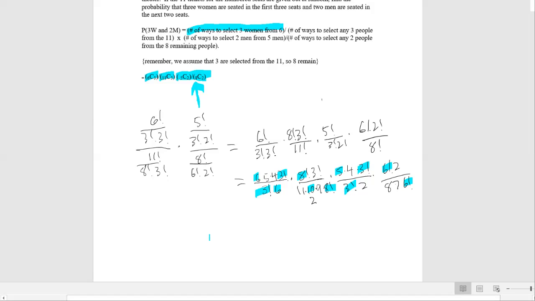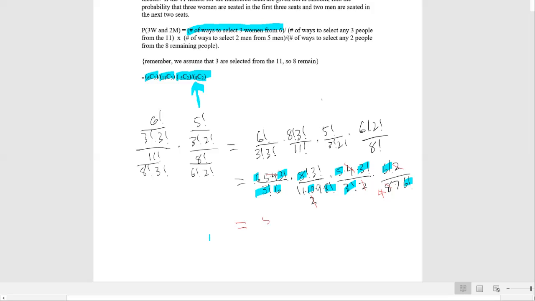That 2 with that 2 and that 4 go away. That 2, that 8 makes 4. That 4 with that 4 cancel. What else? 7, 9. Okay, so let's take inventory here and see what we got left.